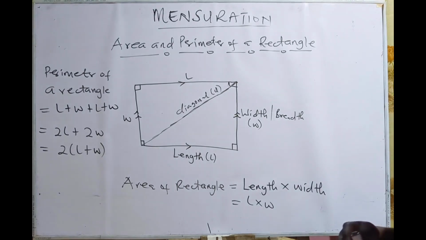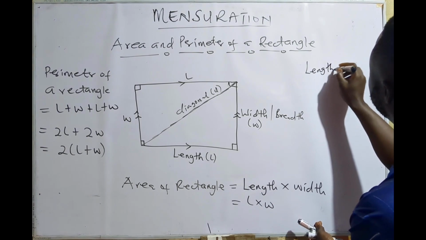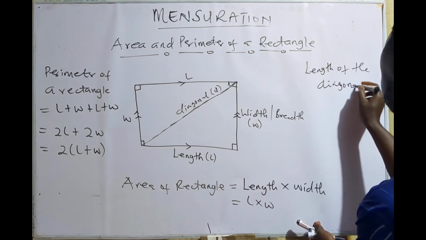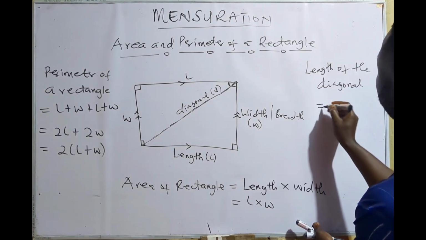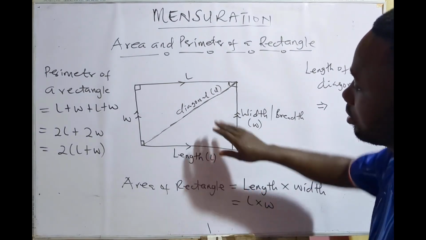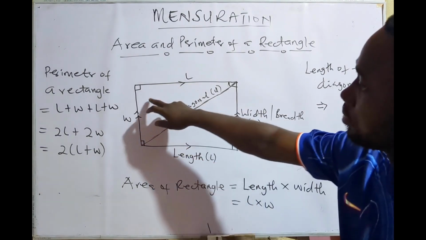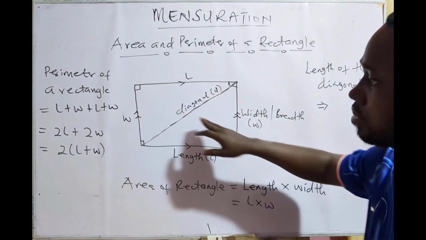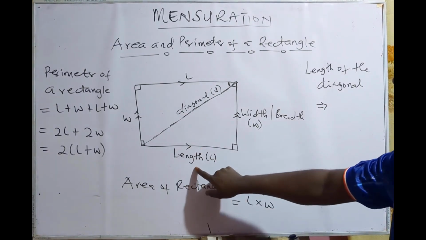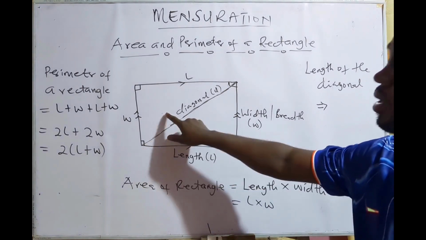So if I'm finding the length of the diagonal, this triangle here becomes a right angle triangle. This one here is also a right angle triangle, as I said, this is the same as this. So if I want to find the length of the diagonal, and I know the length and I know the width, then the length of the diagonal becomes what?